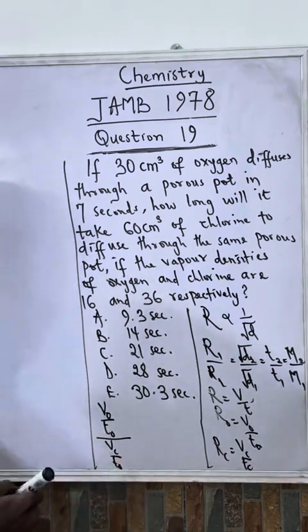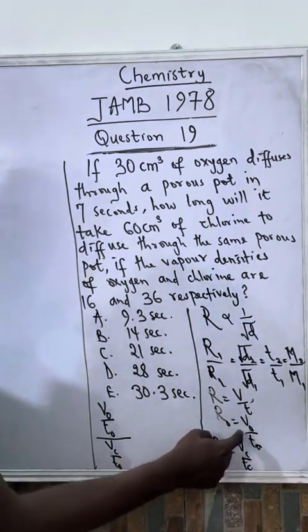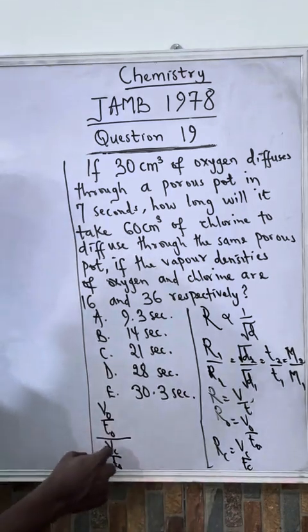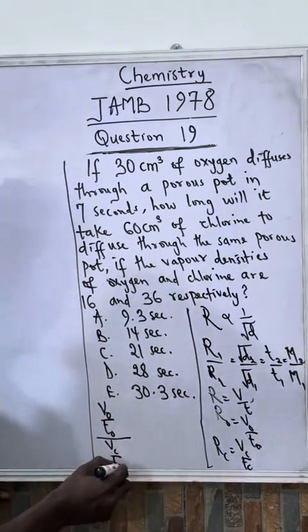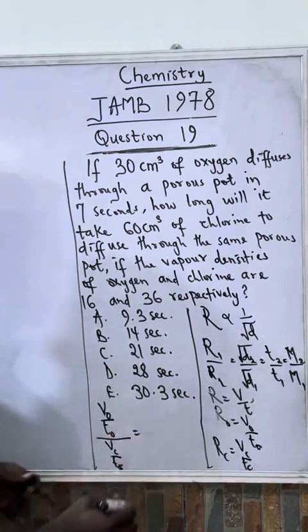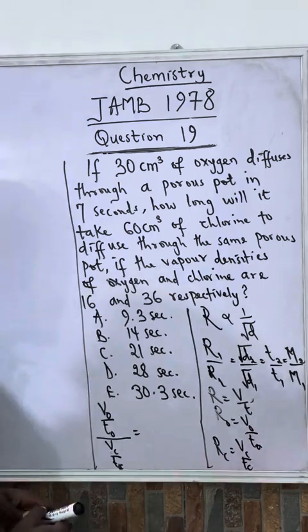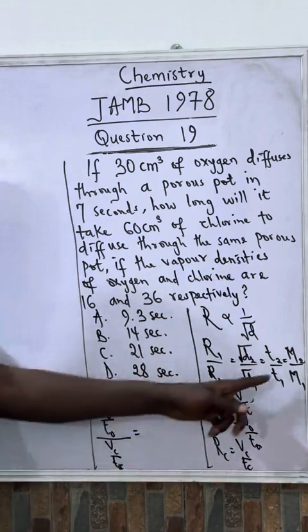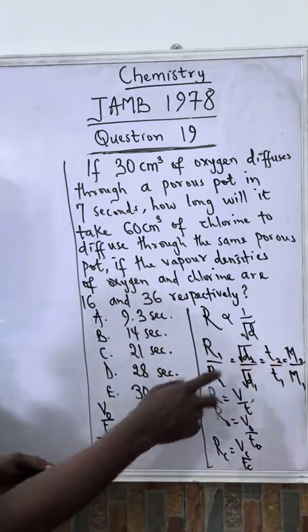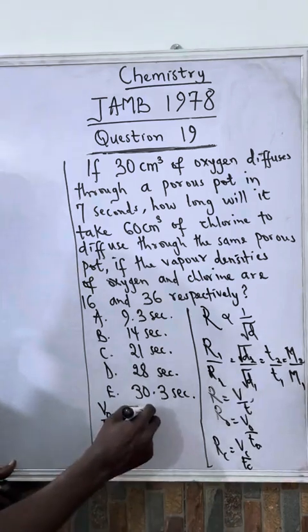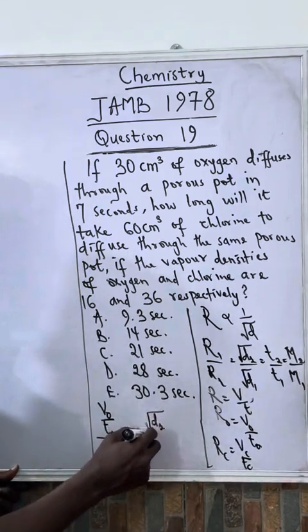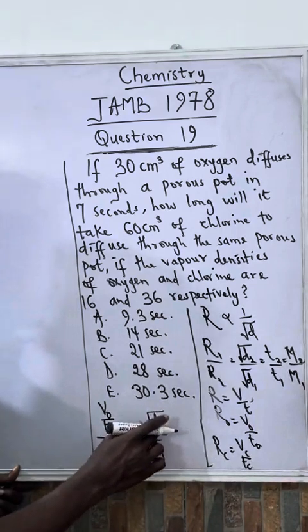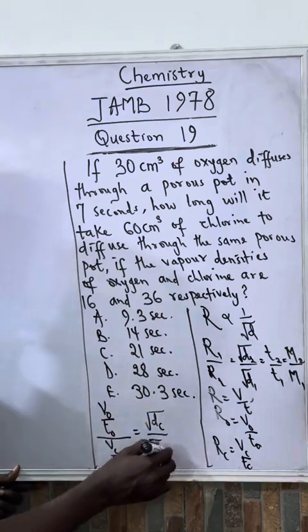This will be equal to the square root of D2 all over square root of D1, where D2 will be chlorine and D1 will be oxygen.